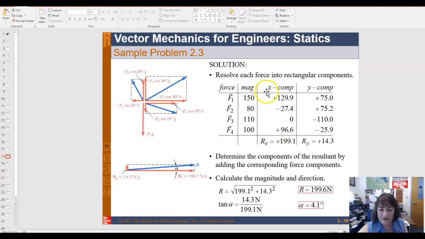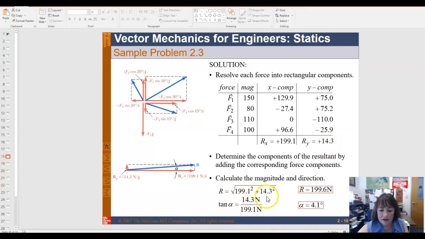And then after we do the x and the y, breaking it up using sines and cosines, we can just add the values, and we come up with an r sub x of 199.1 in units of newtons, and an r sub y of 14.3, once again in units of newtons.